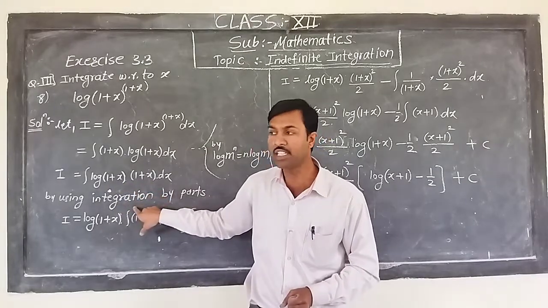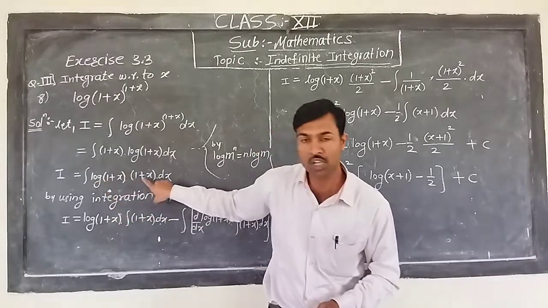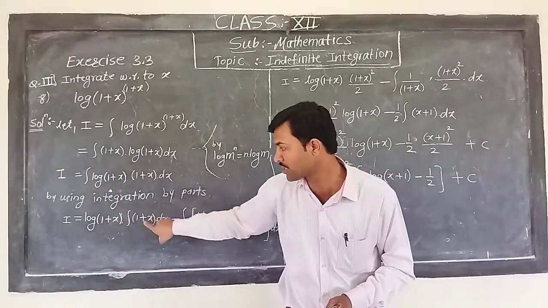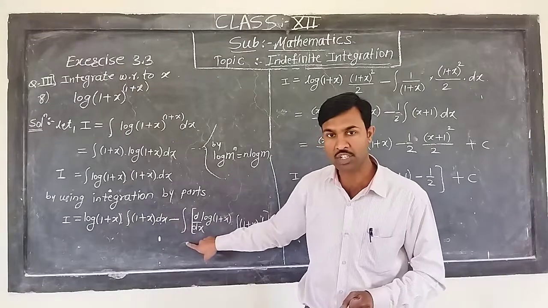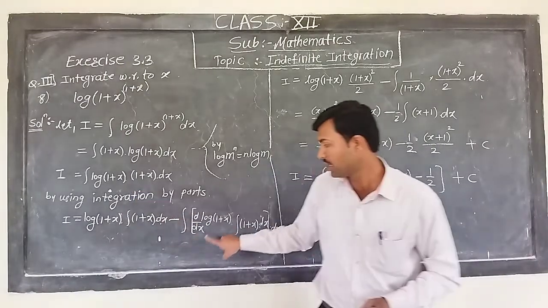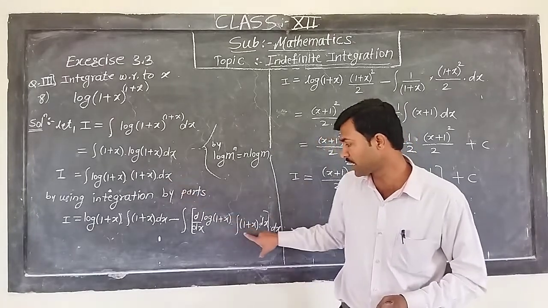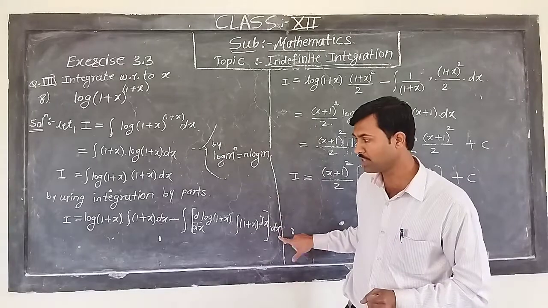By applying integration by parts, we get first function into integration of second function, integration of 1 plus x dx, minus integration of the derivative of the first function into the integration of the second function, into dx.